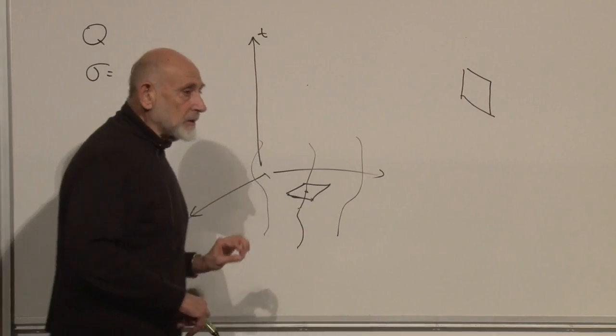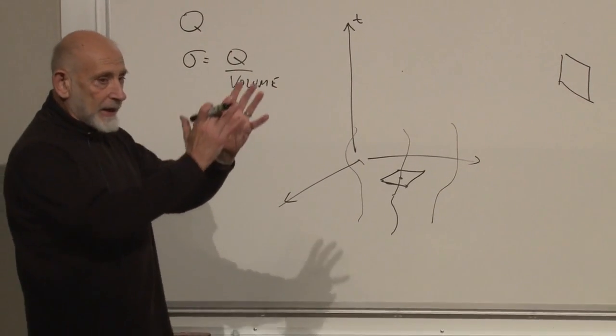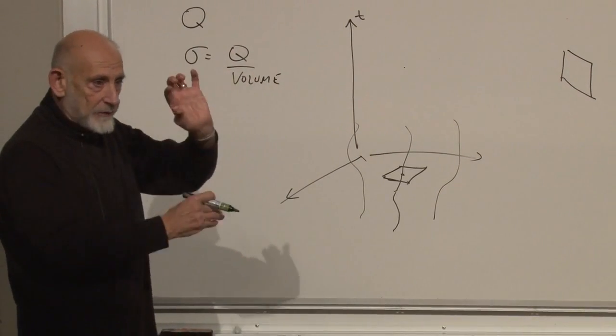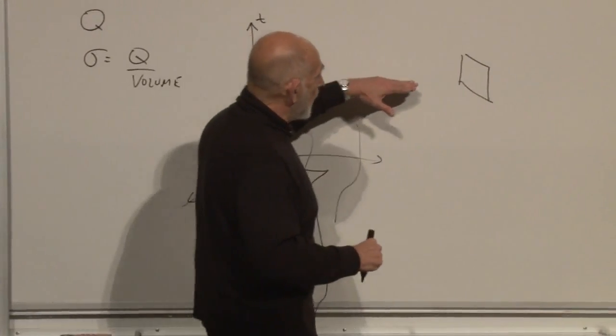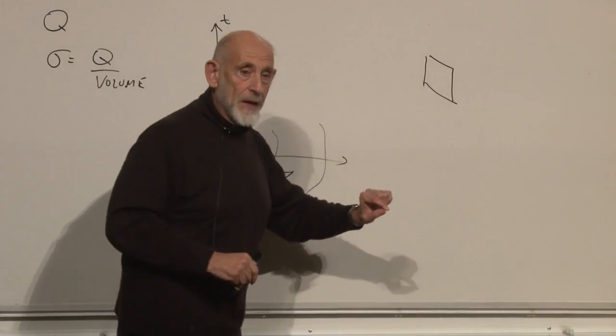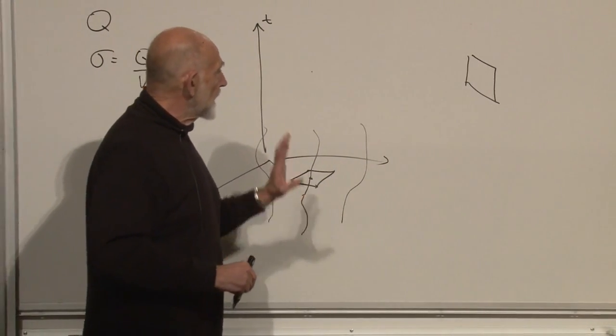But we also have to have a clock and allow the clock to proceed for a small amount of time in order to ask how much charge flows through that window per unit time.